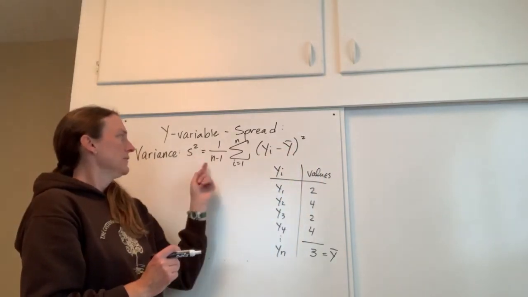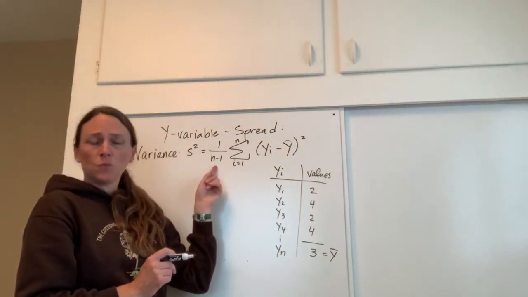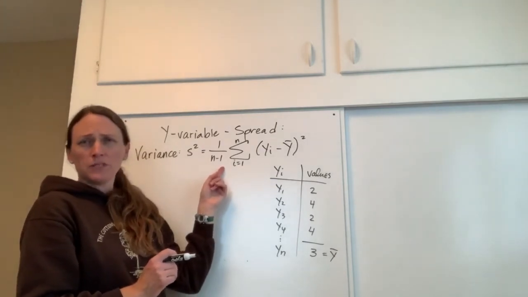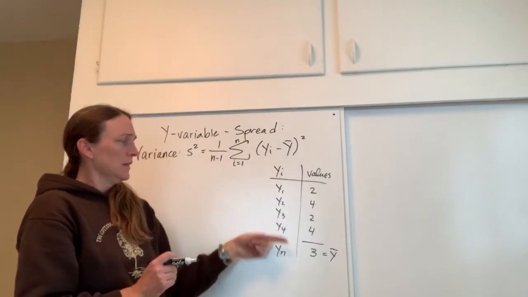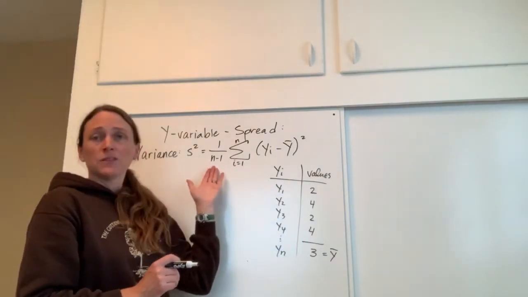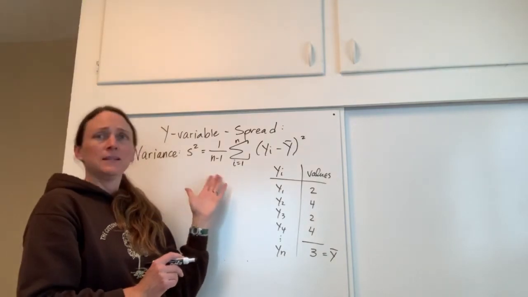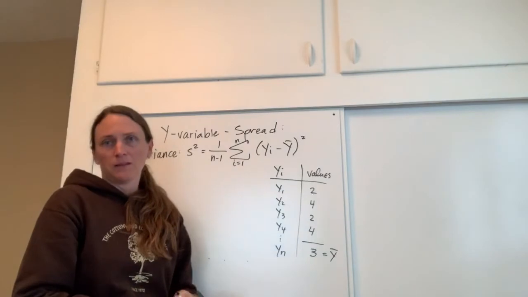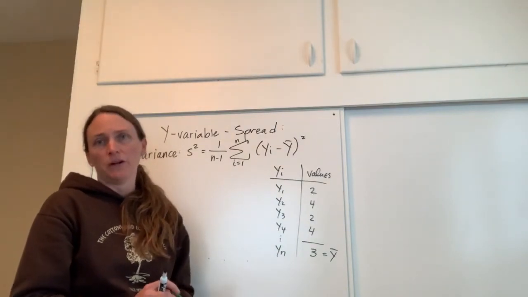Then I divide by n minus 1, and not by n, which might make a little more sense because you're trying to get a sense of the total data. We divide by n minus 1 because of the tendency for the sample variance to overestimate the population variance.